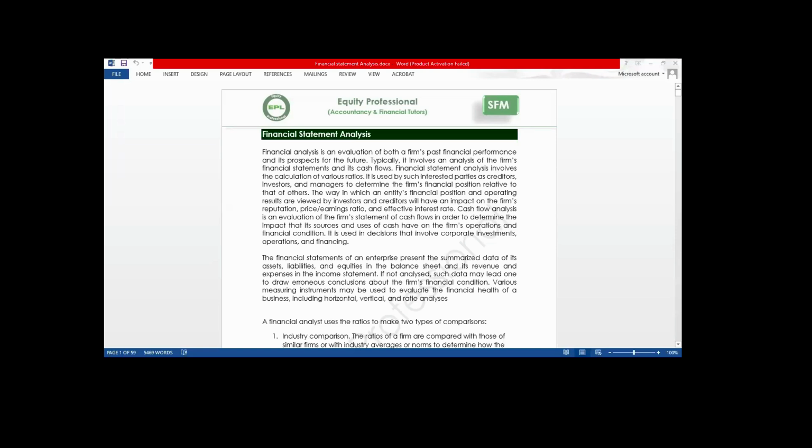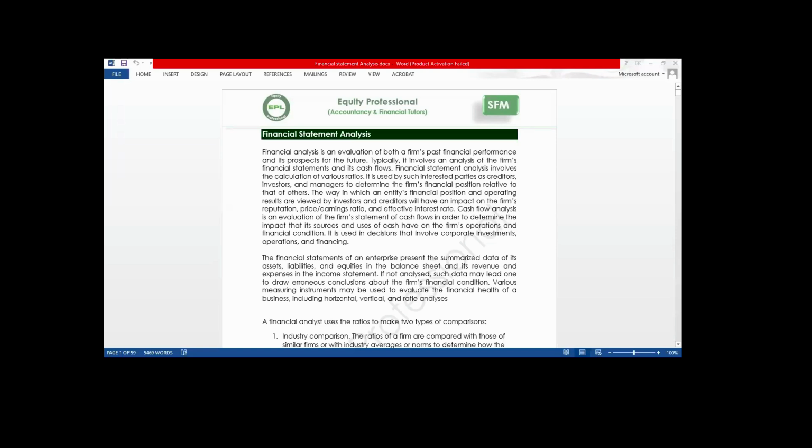At any point in time, the examiner is testing financial statement prediction. What the examiner is trying to test is your knowledge of accounting principles. I'll repeat that point. At any point in time, you are required to carry out financial statement prediction.